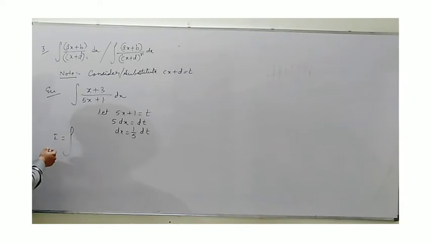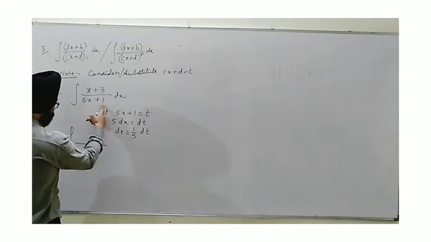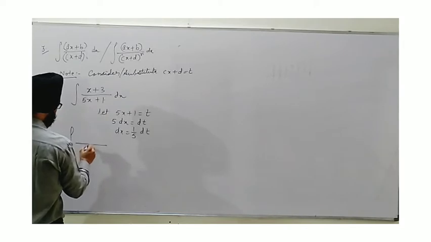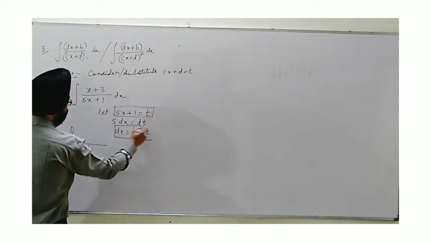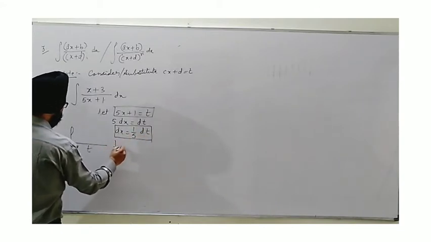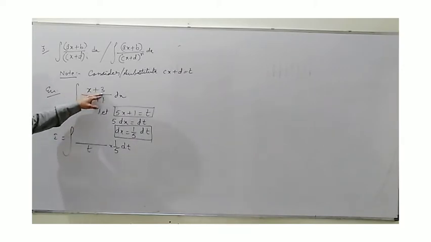Here, the value of the integral becomes 5x plus 1 replaced by t by this relation, and dx replaced by 1 upon 5 dt. Now the important part is what happens to the numerator x plus 3.